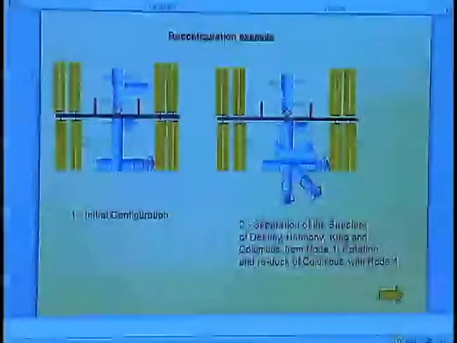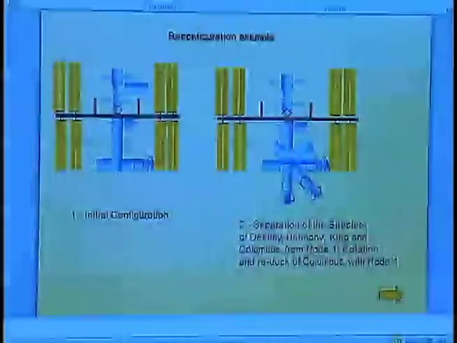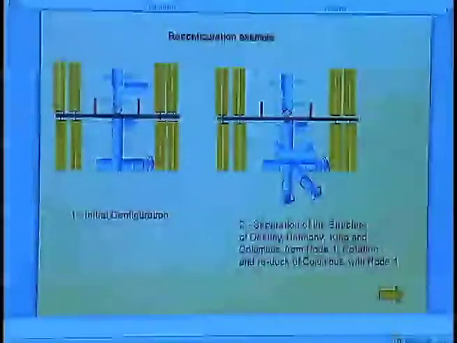This first one shows a schematic representation of the ISS and the selection of the modules that will become the habitational part of the MOS, including the separation of the structure of Destiny, Harmony, Kibo, and Columbus from Node 1. It will make a 90-degree rotation and redock with Columbus on Node 1.